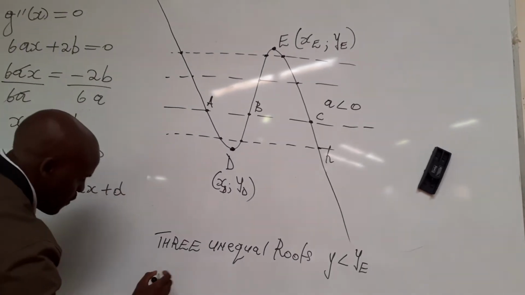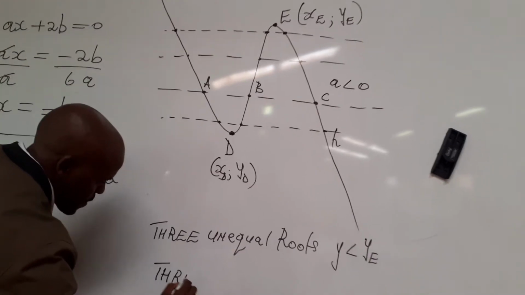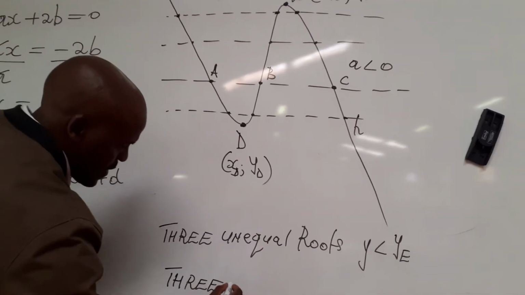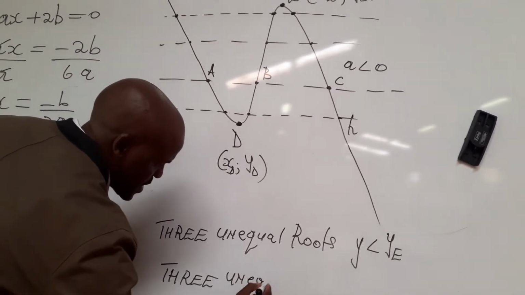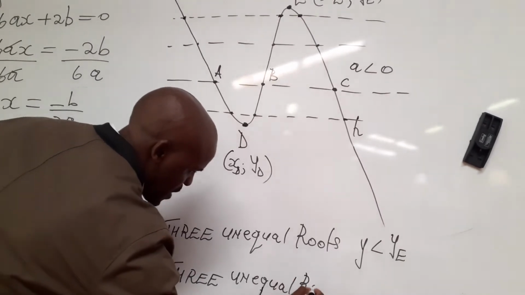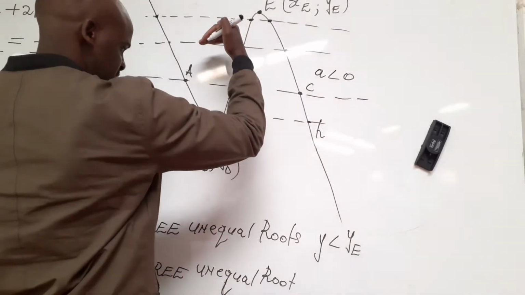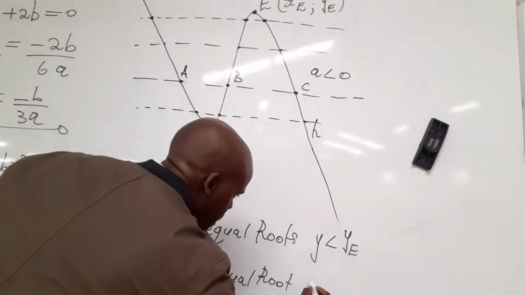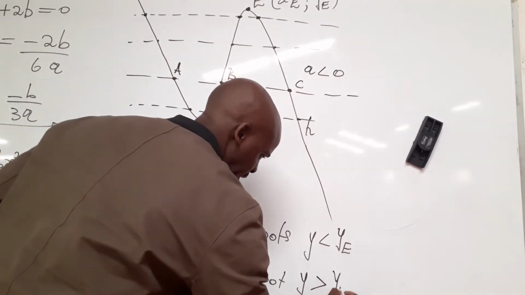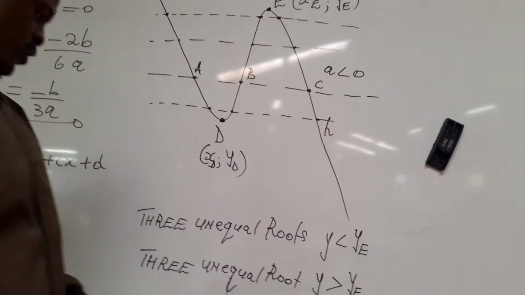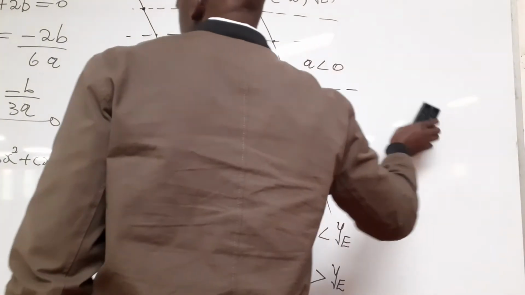So for 3 unequal roots, either you move from point E downward or you move from point D upward. Therefore, it's where y is greater than y at E. That's where you are going to find 3 unequal roots.